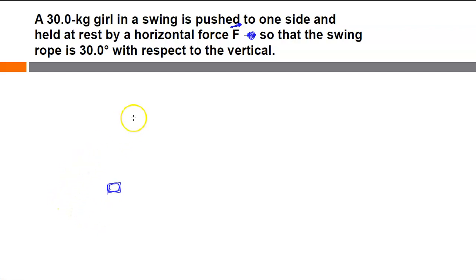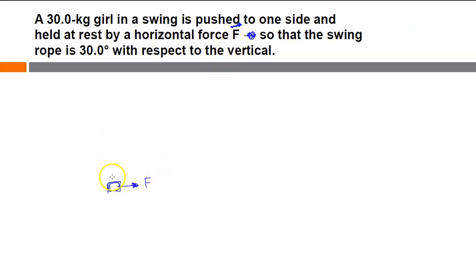Somebody is pushing her horizontal to one side. That's a force that acts like this. Okay, I'm going to call that F, like that. So that's the horizontal force, they call it F2, so that's good.